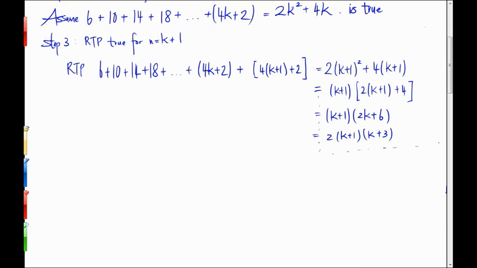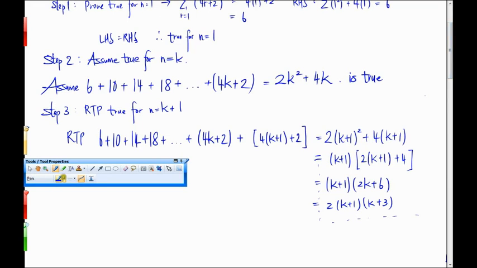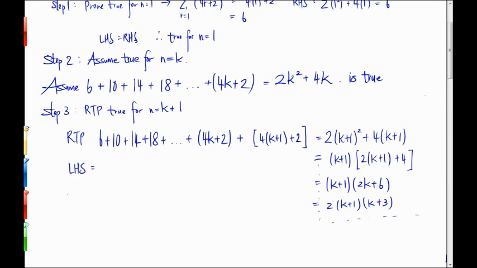So what we're required to prove is that the right hand side equals that. We're going to now work on the left hand side. Left hand side equals, now always, as I said, you're always looking up for your step 2, and we're going to get this out.